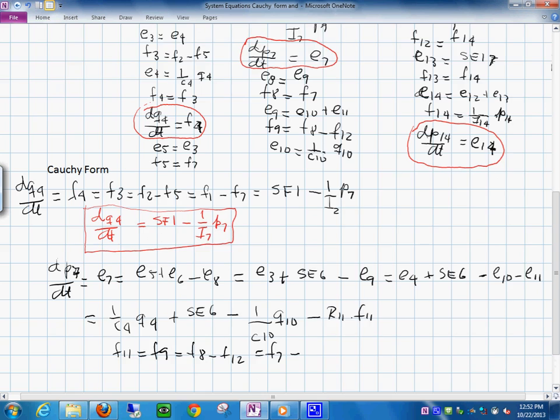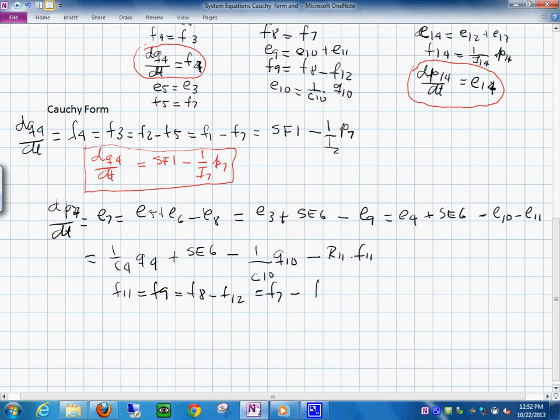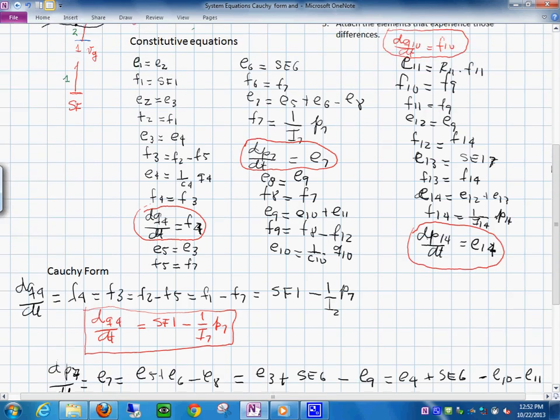F10 is equal to F sub 9, but we already have something like that up here someplace. Right here, see? F9. So this F9 is going to be equal to this. So I'm just going to use it from P sub 7 minus 1 over I14 P14.